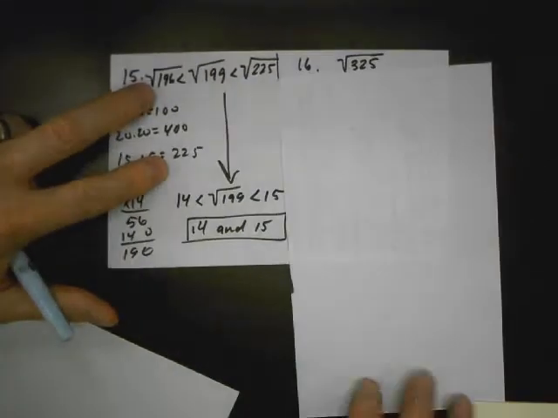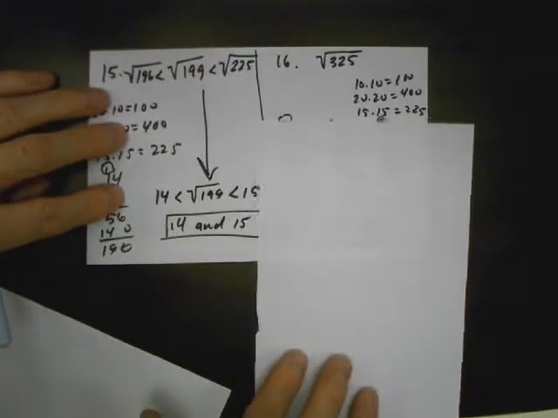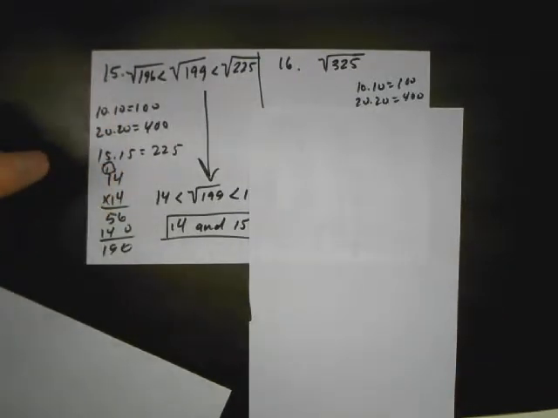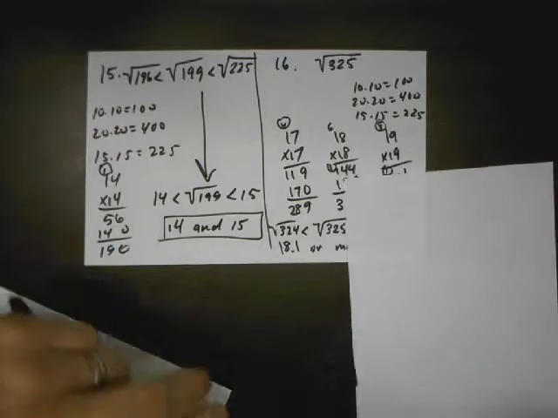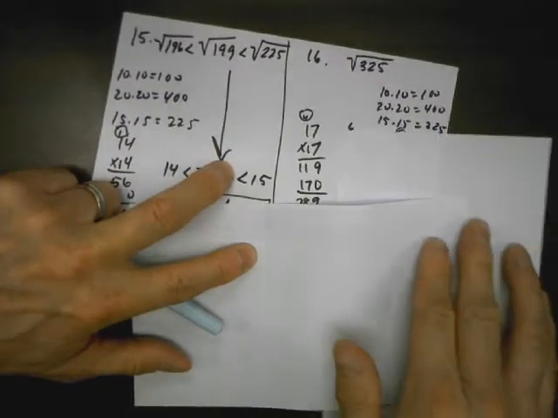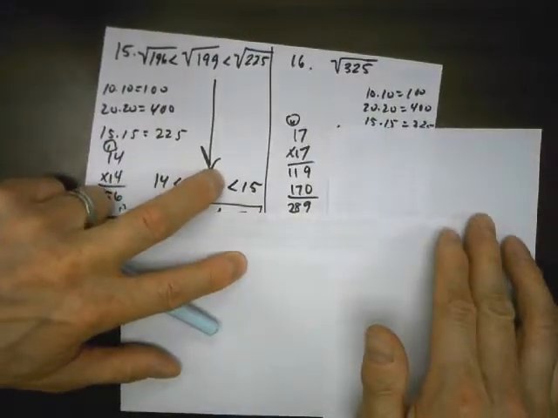16, very similar idea, but we got to write this number to the nearest tenth. So again, we narrow it down. See, 400 is too big, 100 is too small, so it's in between 10 and 20. We memorized 15 squared is 225. So I know it's in between 15 and 20 now. Okay, so I just start guessing and checking, right? 17 times 17, I get 289.